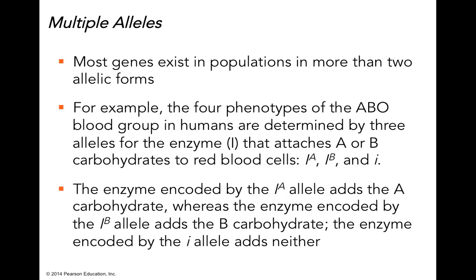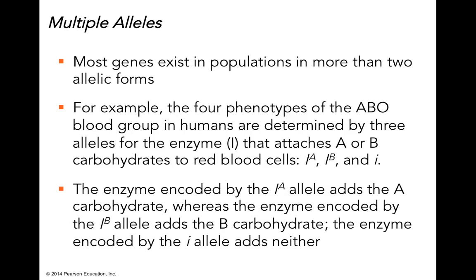But for just the simple ABO blood typing, we know that there are 3 alleles for a particular enzyme, which we'll call I, which is an enzyme that attaches different carbohydrates to our red blood cells. And there's a carbohydrate A and a carbohydrate B.